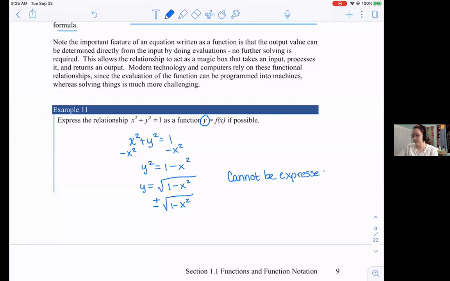However, I want you to add that in the comment on GoFormative, but I want you guys to practice with that math text, and I want you to try and type it in with this plus minus. So we all agree this cannot be expressed as a single function, but I want y'all to practice typing in the plus minus square root. It's good to have practice with that formatting.